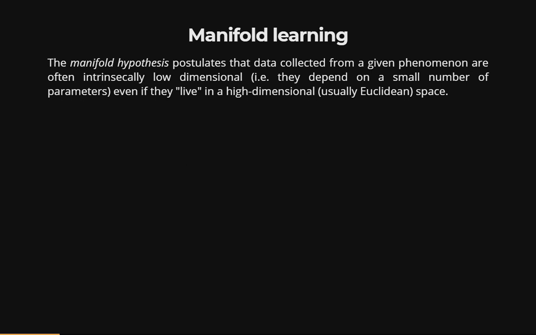Why high-dimensional space? Well, because usually you collect your data in form of, I don't know, images, videos, sounds. So you have a lot of inputs, like all the pixels of an image, all the pixels of every frame of a video, all the sampling points of a sound recording, or worse.